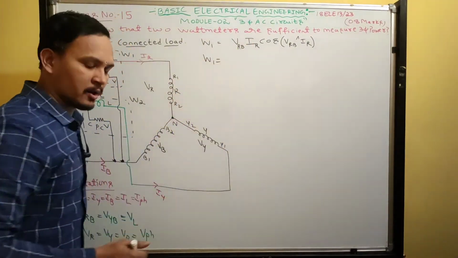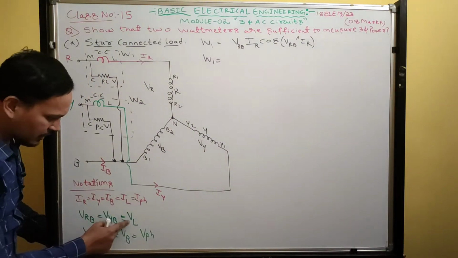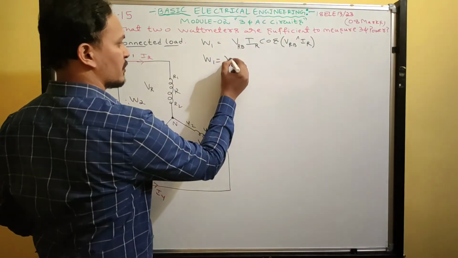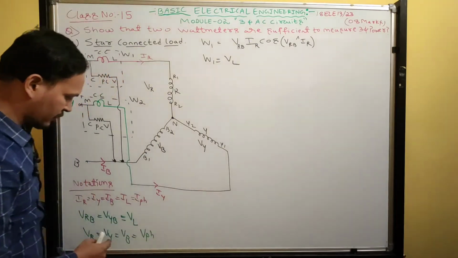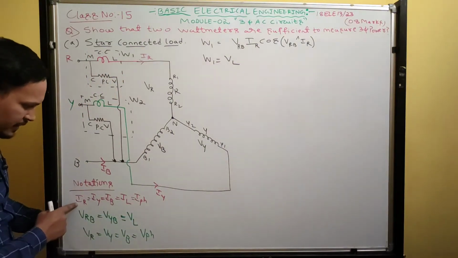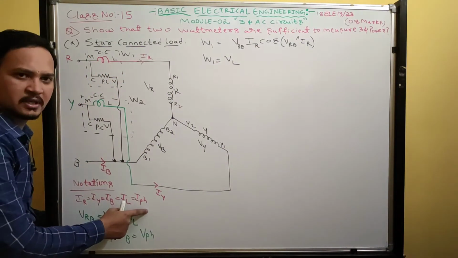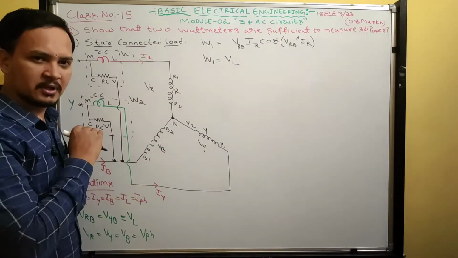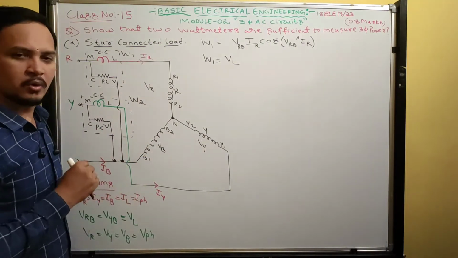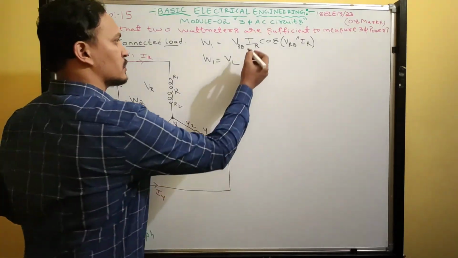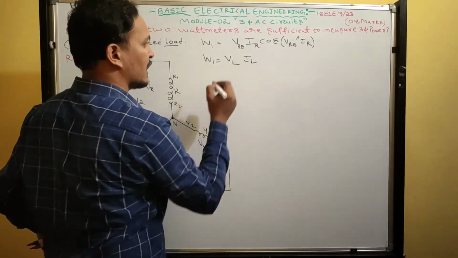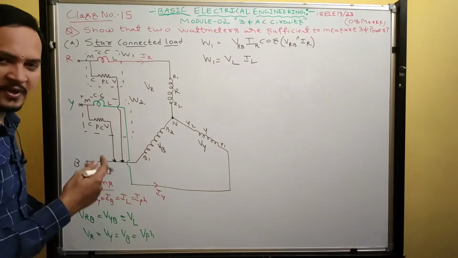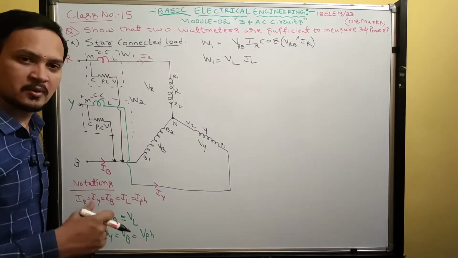Further you can apply the notation concept. What is VRB? Line voltage. What is IR? IR is line current or phase current. You represent everything in line parameters or everything in phase parameters, so I will go through line parameters. IR is nothing but line current, because in star, line current and phase current are both the same.